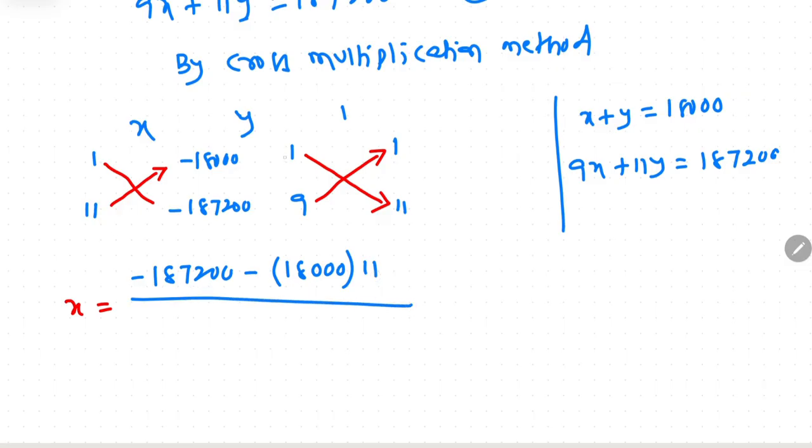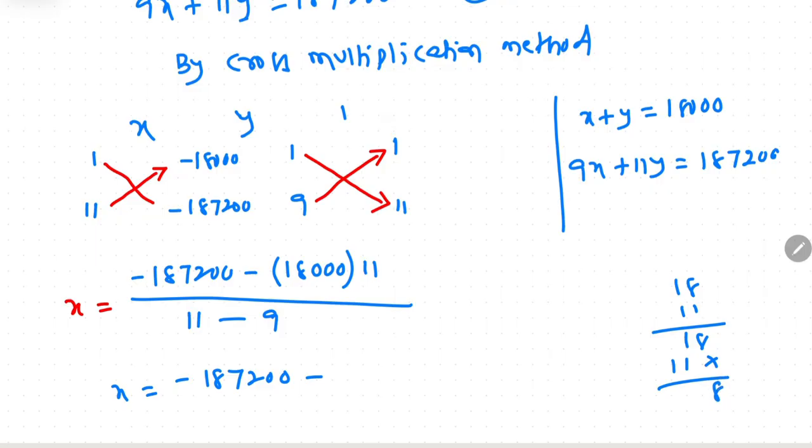In the denominator we have 1 into 11 minus 1 into 9. 18 into 11 is 198, so add 3 zeros: 1,98,000.